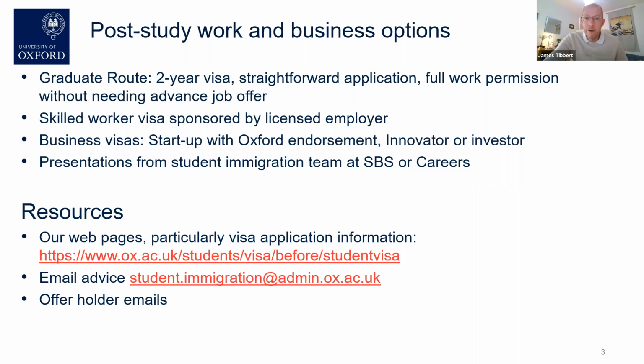And then for the graduate route, you need to have got your final results, which you'll get in November 23, and then you can apply for the graduate route. You need to make a visa application. The standard processing time is 8 weeks, but we have seen them process in a couple of weeks or so.